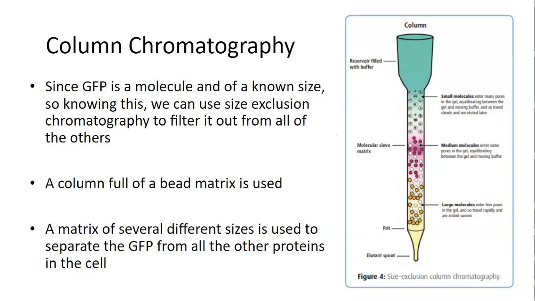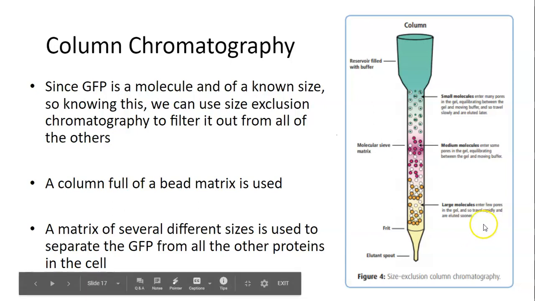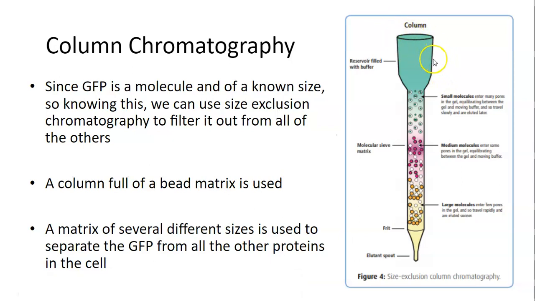The column itself is filled with a beaded matrix. And the matrix of different sizes can separate all the proteins. If you look at the picture, you dump all of your sample here at the top. So you would dump all of your exploded cells here at the top, and they would slowly begin to migrate through this matrix of all of these different beads.